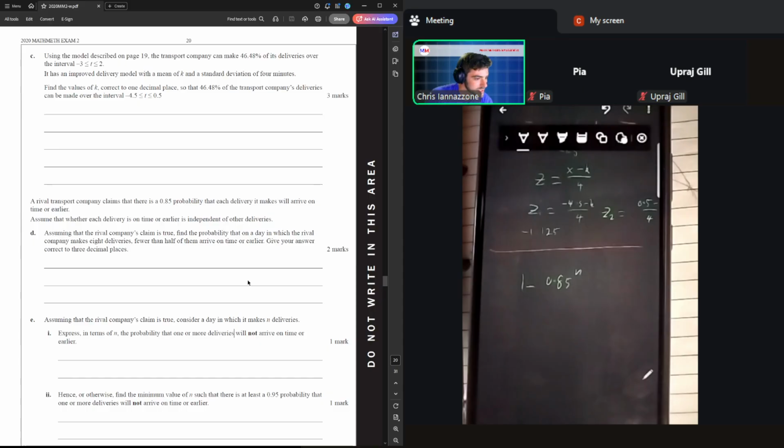Hence or otherwise, find the minimum value of n such that there is at least... okay, we've done a lot of these. Finding n to guarantee a certain probability, one or more deliveries will not arrive on time or earlier. There's probably two easy ways you could do this.